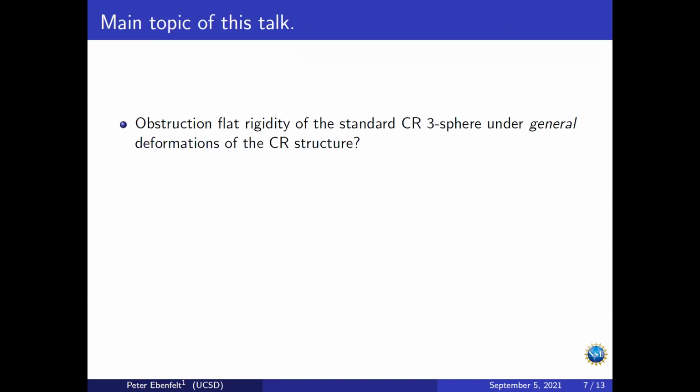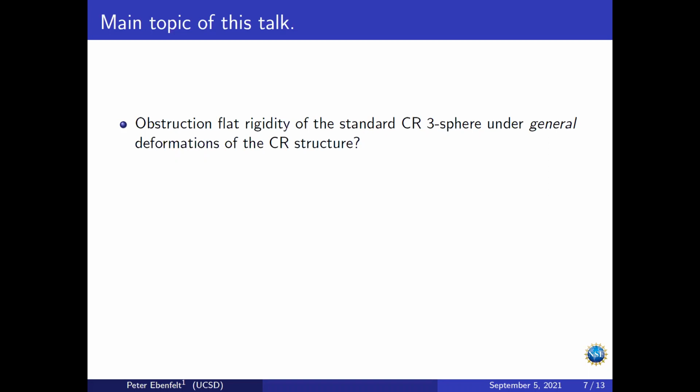So here are the main new results. Sean and I studied the space of embeddable deformations of the standard 3-sphere in another paper. And we went back to asking ourselves, what about the general deformations, those that are not necessarily embeddable?